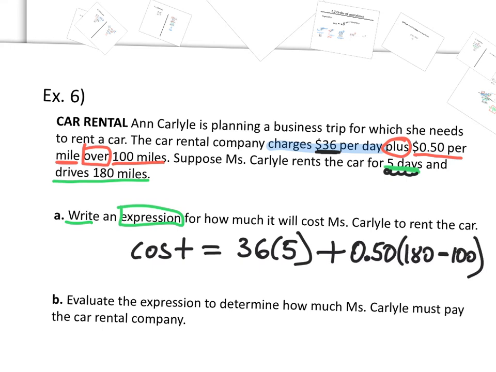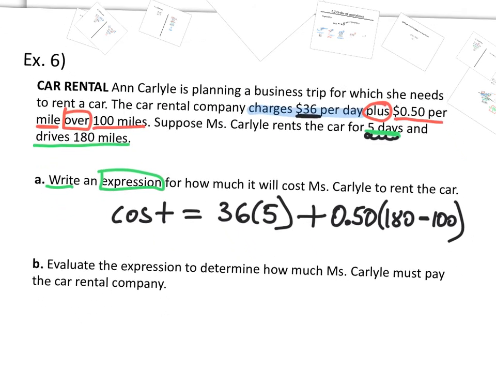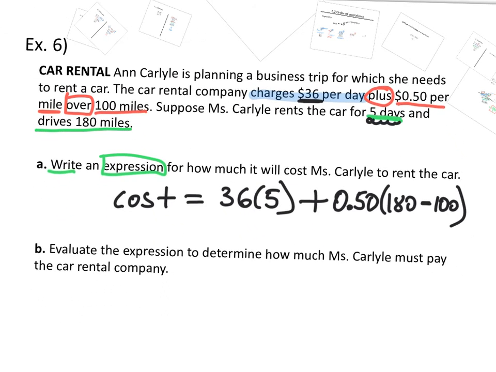So in other words, what we must use to find the answer, and that's going to be part B, my cost will be 36 times 5 plus 50 cents times 80. So the company will only charge 80 miles because the first 100, those are not charged.